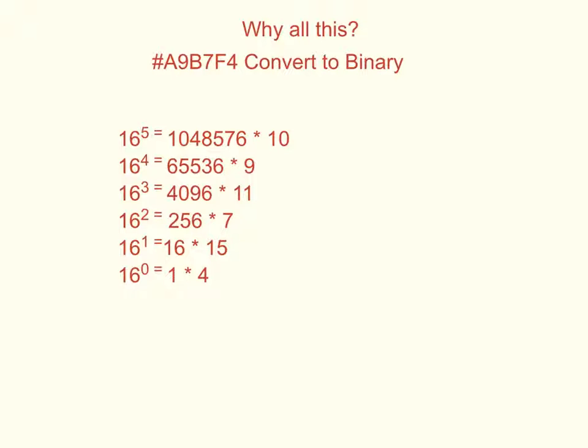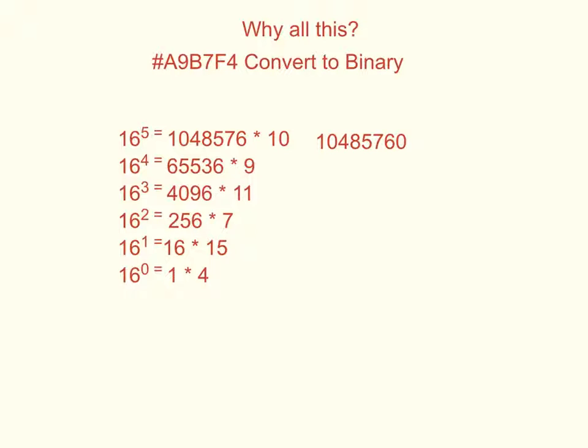Now, after I multiply these numbers out, I need to add them up together. The big number times 10, all we have to do is add a 0 to the end, so it's 10,485,760.